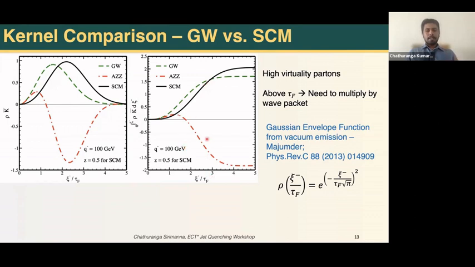As you can see, after about 3 formation times, this saturates, and the saturation value looks similar for the GW and SEM cases. Therefore, we can assume that the difference in the high virtuality case cannot be significant.